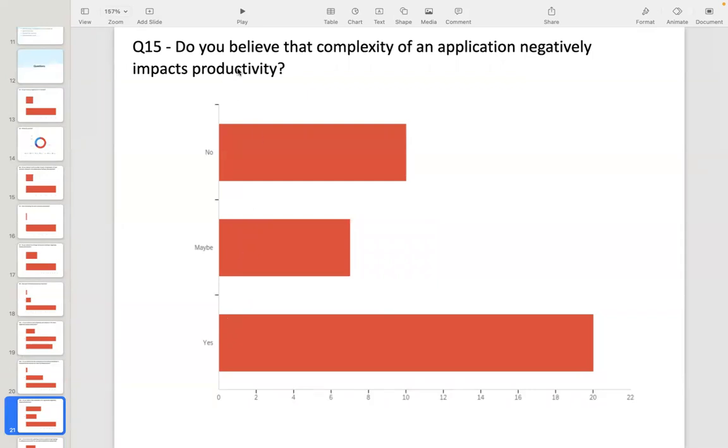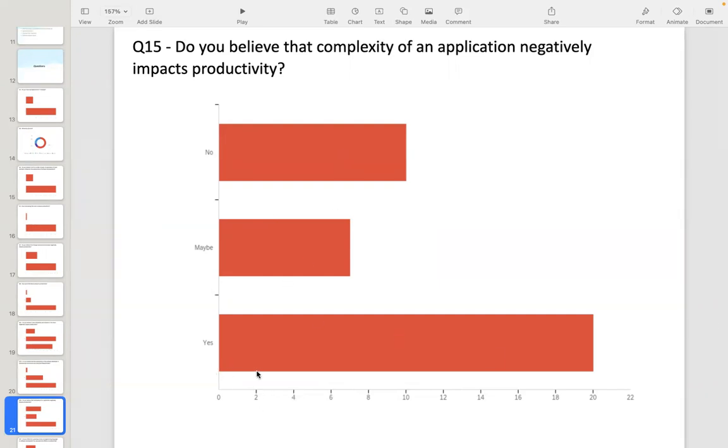Then we asked, do you believe that the complexity of an application negatively impacts productivity? With this question, we expected people to give 100% yes, but the outcome here is still scattered over yes and maybe.